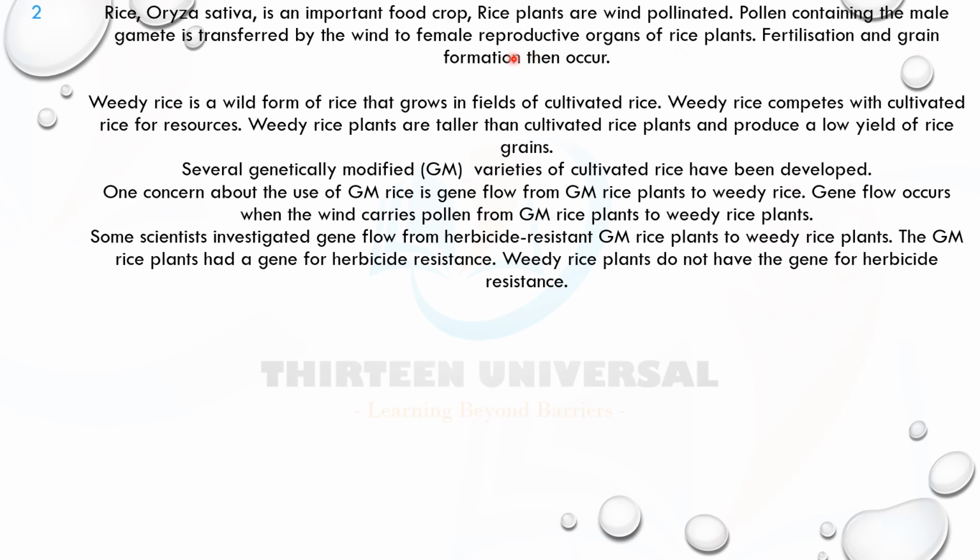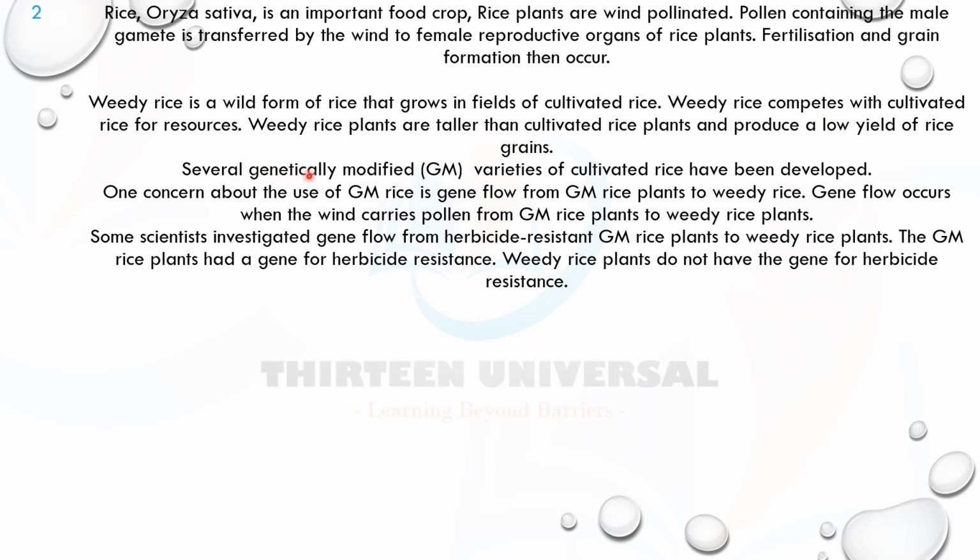Fertilization and grain formation then occur. Weedy rice is a wild form of rice that grows in fields of cultivated rice. Weedy rice competes with cultivated rice for resources. That's like a weed. Weedy rice plants are taller than cultivated rice plants and produce a low yield of rice grain.